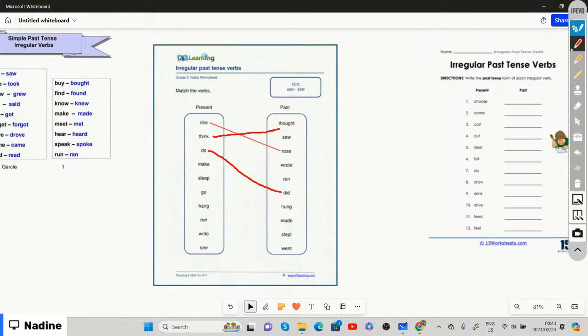The past tense of make. What is the past tense of make? I make something.